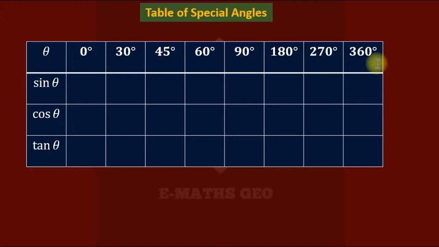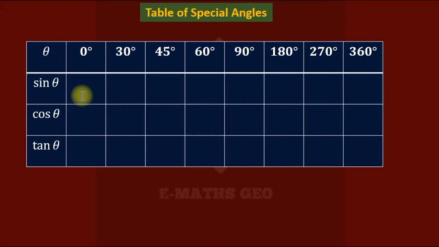There are also special angles that are not here, like 120. 120 and 60 are the same thing, so we didn't bother to add it to the table. So this is how I memorized this over the years when I was still in high school, in senior secondary 1.